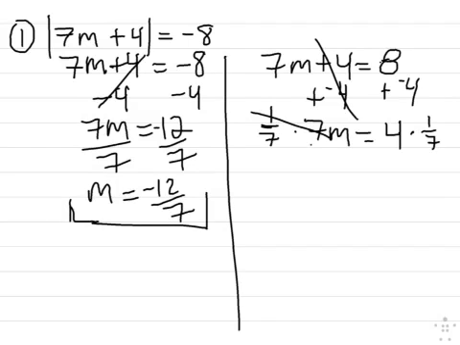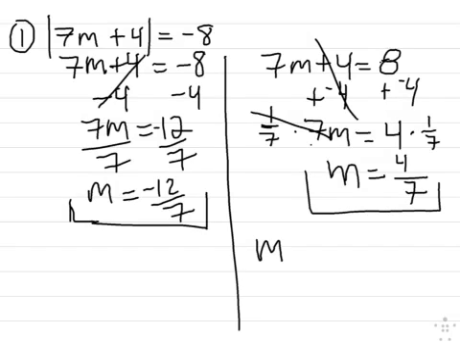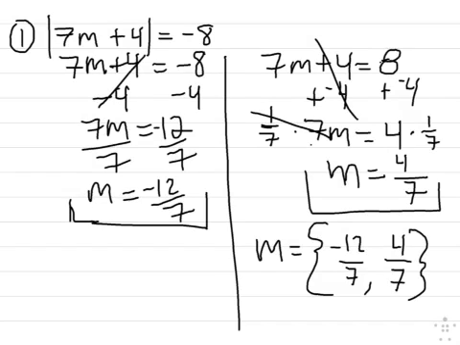Notice how I did one and then the other. It's exactly equivalent, same but different. m is +4/7. Okay, so those are our two answers, and we will finally write our solution set, -12/7 and 4/7. So m can be these two things, is what the solution set means. Why do we write it like that? m is able to be these two things.